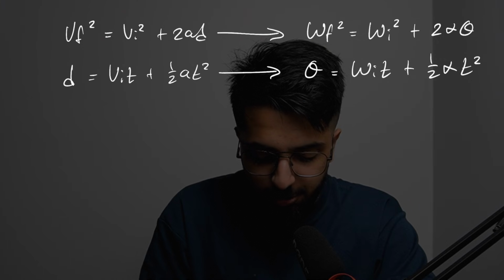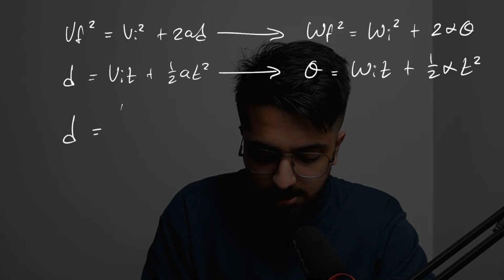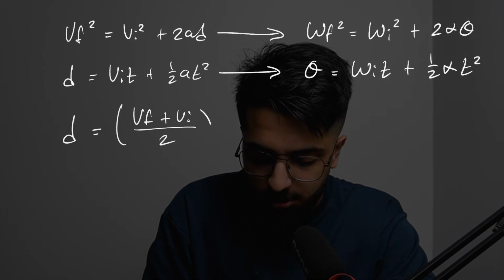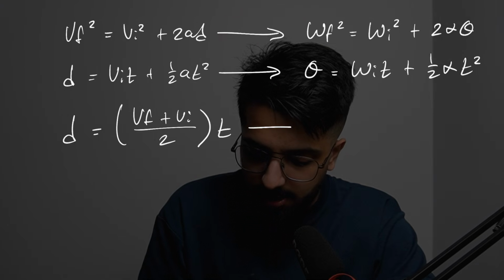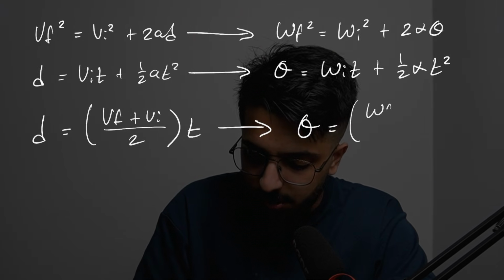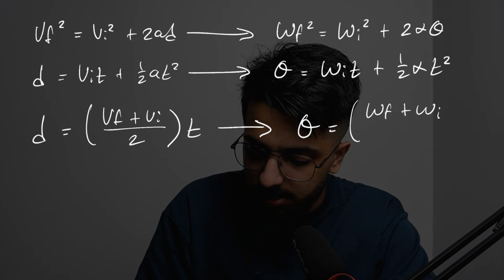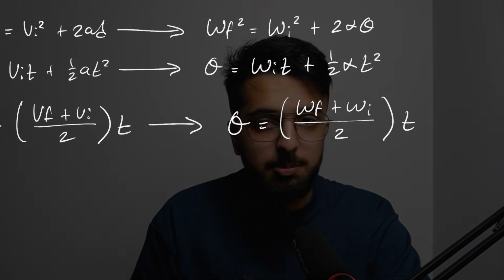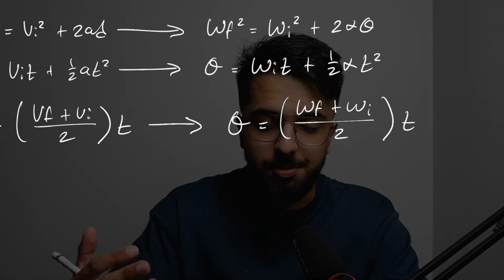And finally, we have distance is equal to VF plus VI all over 2 times time, and therefore the rotational equivalent is theta is equal to omega F plus omega I all over 2 times our time, again because time doesn't have a rotational equivalent.